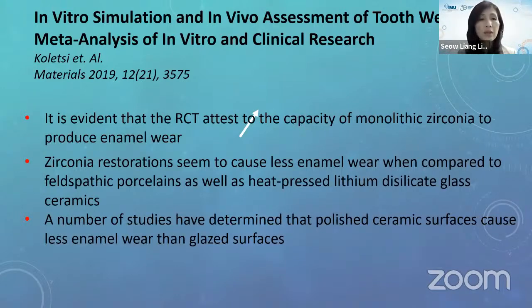So monolithic zirconia tends to cause less enamel wear according to this systematic review when compared to the conventional feldspathic as well as heat-pressed lithium disilicate. So that is quite good news in a way. Zirconia is strong and it causes less enamel wear. And another study has also determined that polished ceramic surface gives less enamel wear in comparison to glazed surfaces.